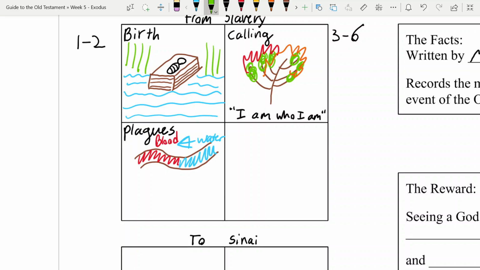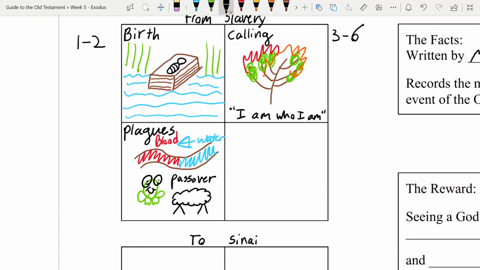Or in another plague, there's frogs all over the land of Egypt. This is a frog right here, if you can't tell. Happy frog. And of course, the last plague is where every firstborn son in the land of Egypt dies, except for those that have the blood of a lamb on their doorframe.